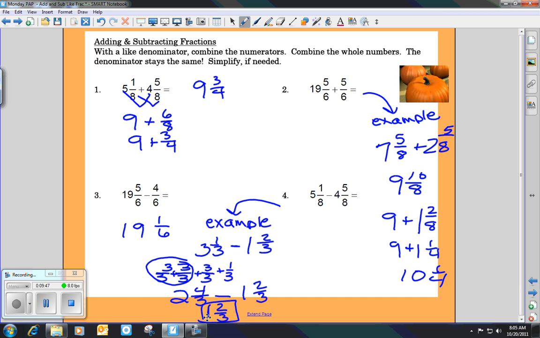All right. I'm going to try another example for you here because I know this is the more difficult concept for subtraction of mixed numbers. I'm going to do another example up here.